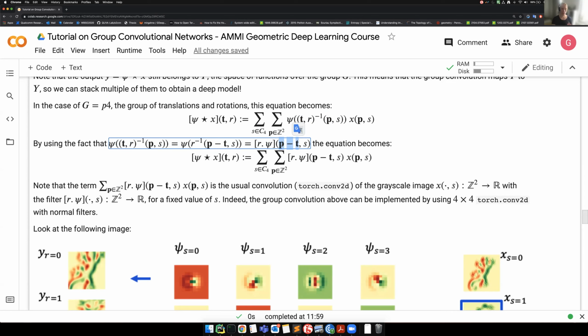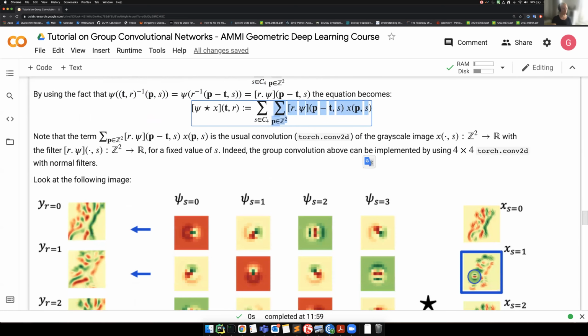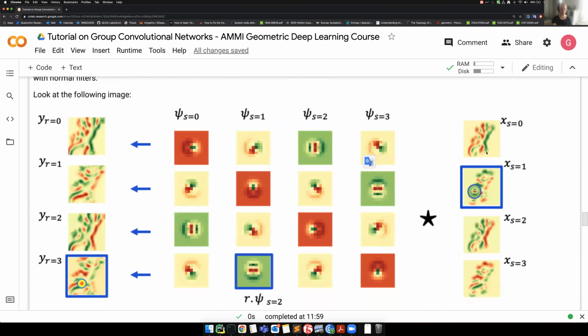So again, this is nothing more than taking your filter psi, rotating it by r for every possible rotation, and then doing convolution, moving it around over all possible translations. Note that the filter, however, is now also evaluated at s, and then we sum over s. You should take this into account. But the rest is your usual conv2d: for a specific value of s and r, this equation is your usual conv2d.